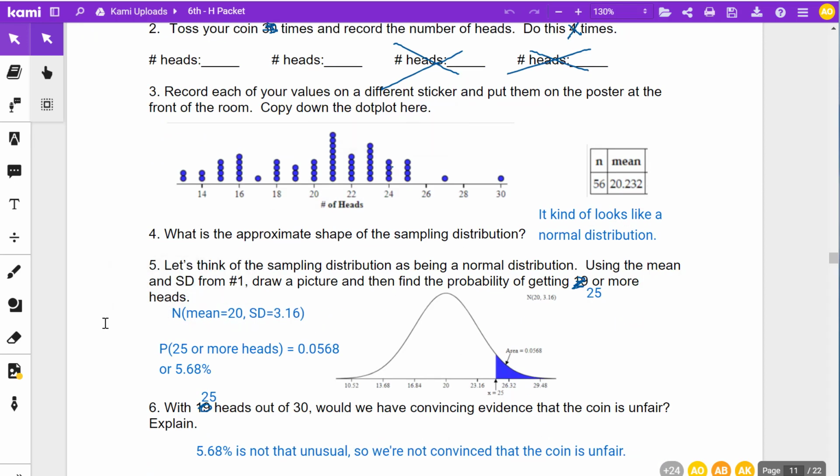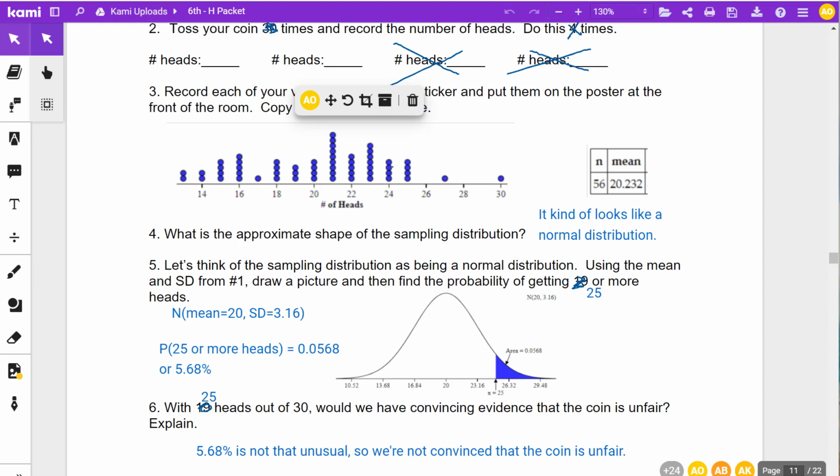All right. So let's think of the sampling distribution as a normal distribution. Well, we had the mean calculation, and we had the standard deviation calculation. So we had everything we needed to set up the applet. There, the mean is 20, and the standard deviation is 3.16. And I asked you to calculate the probability of 25 or more heads.